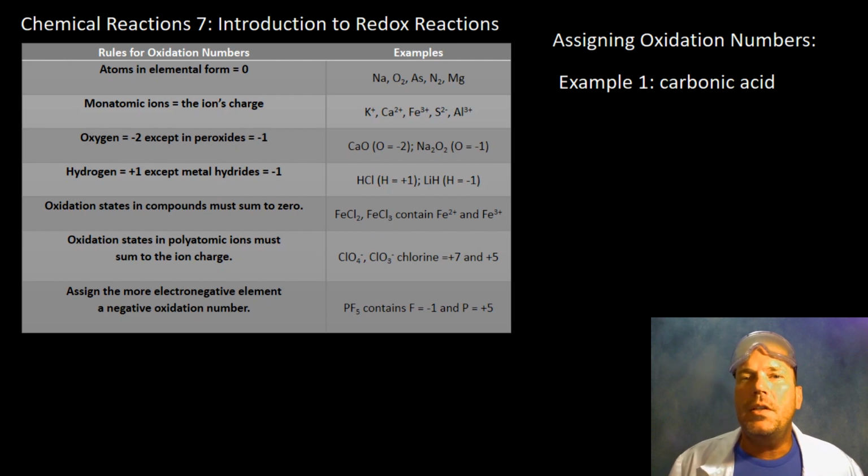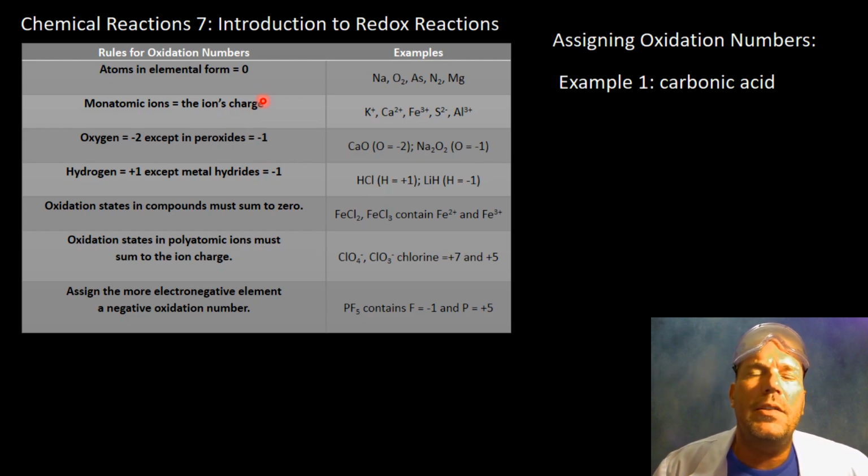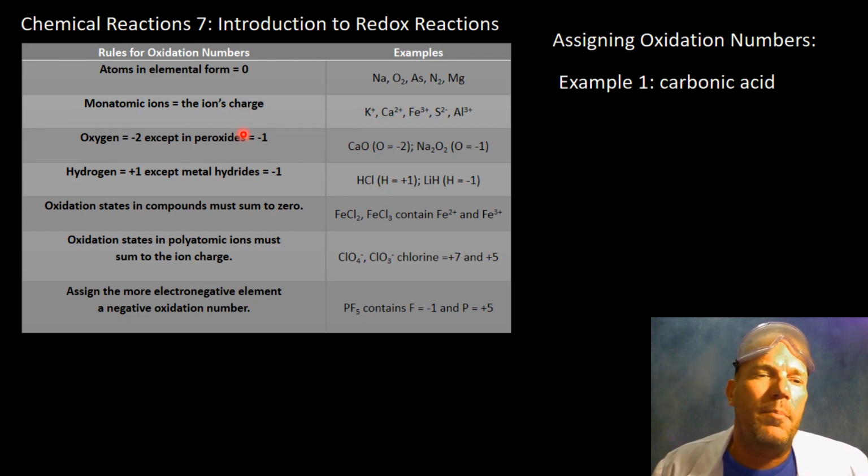First things first, I want you to go ahead and get out your rules for oxidation numbers. This was given out to you in class, and if you didn't receive them in class, it's available on pedersenscience.com. I'm going to go over these individual rules, and then we're going to do 5 practice examples.